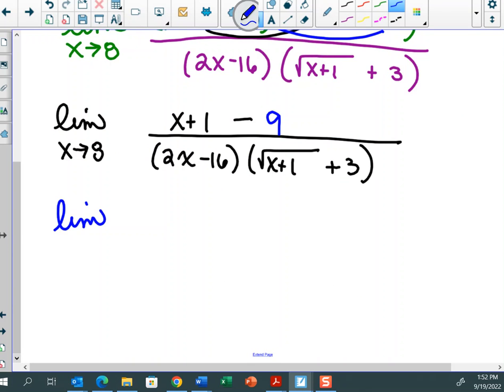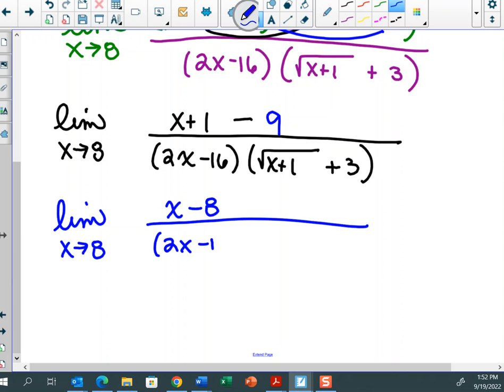So this one's a little trickier because right off the bat you might be like, well, I don't see how this is going to work. Because I've got x minus 8, I have 2x minus 16, I have conjugate stuff. I'm supposed to be able to see something that cancels, and I don't see anything immediately.